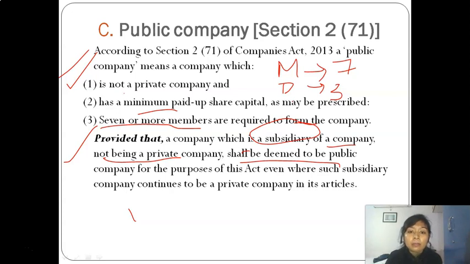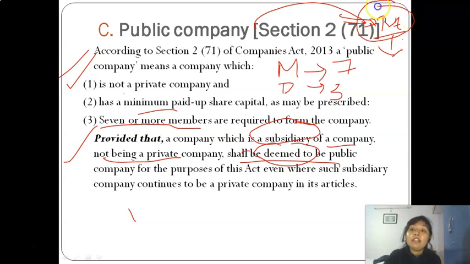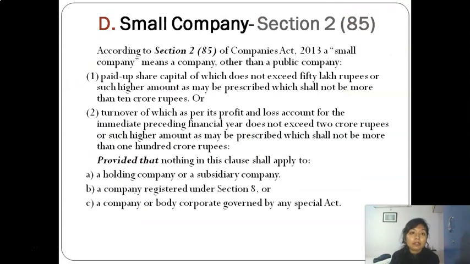What I'm trying to say is that a private company which is a subsidiary of a public company will be deemed to be a public company for the purpose of this Act, and such company has to comply with all the provisions of the Companies Act as if it were a public company, even where such subsidiary company continues to be a private company in its articles.